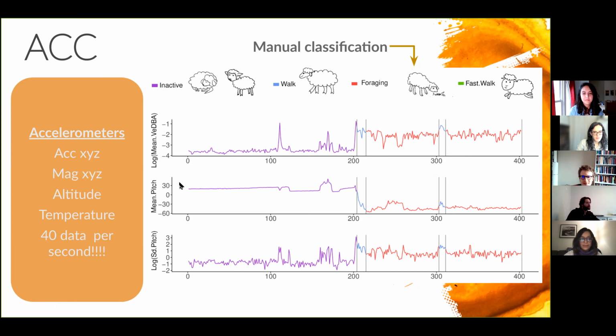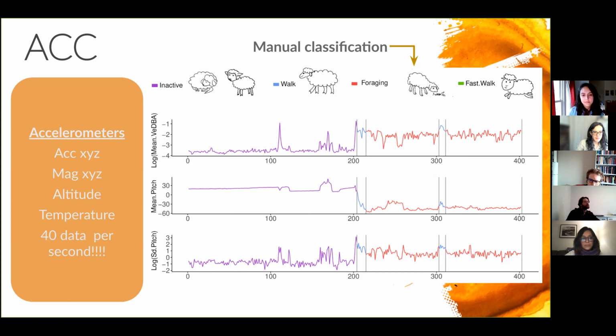Here, the first one is the mean VeDBA. The mean VeDBA is a feature that is a proxy of energy use. The second plot is the mean pitch, which is a proxy of the angle of the head of the sheep.